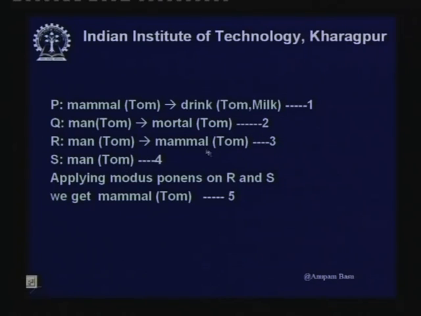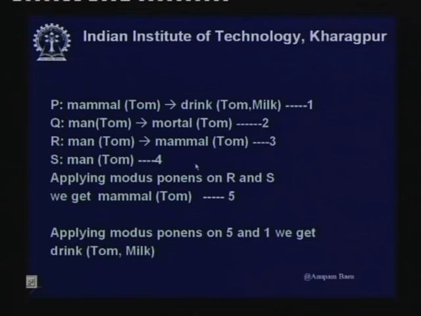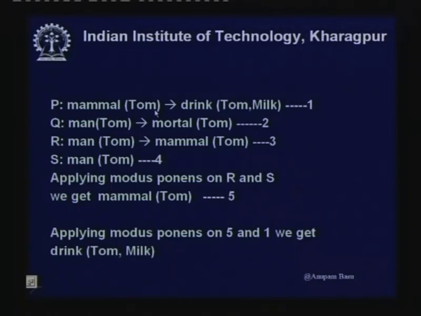So, I can prove that Tom is a mammal. Again, I have derived mammal Tom, and if I apply modus ponens on number 5 and number 1, that is, if Tom is a mammal, then Tom drinks milk.